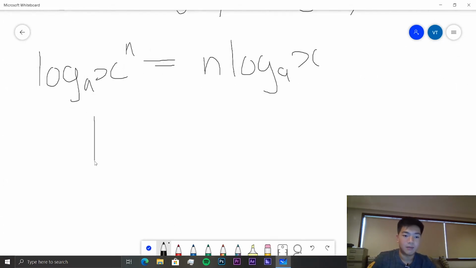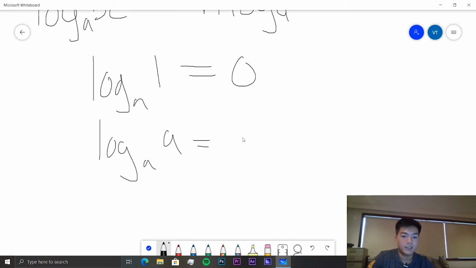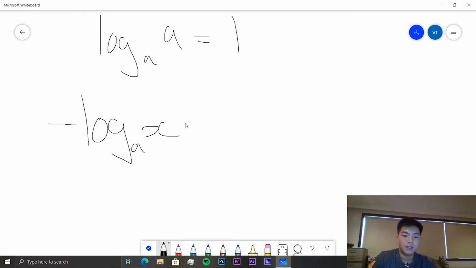Next, of course, log of 1 for any base is equal to 0, and the log of a number to its own base is equal to 1. And then some more stuff. The negative logarithm of a number is equal to the logarithm of 1 over that number.